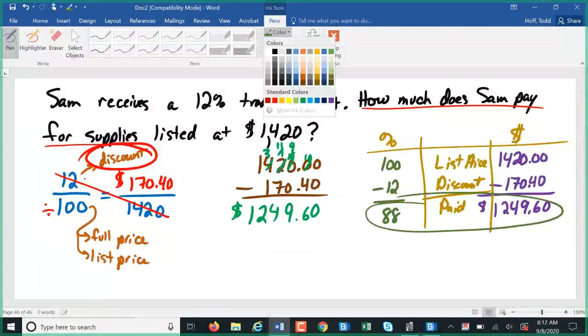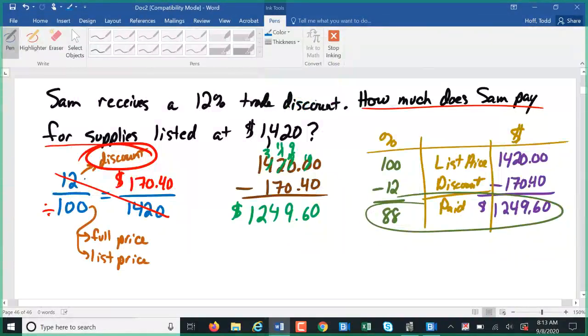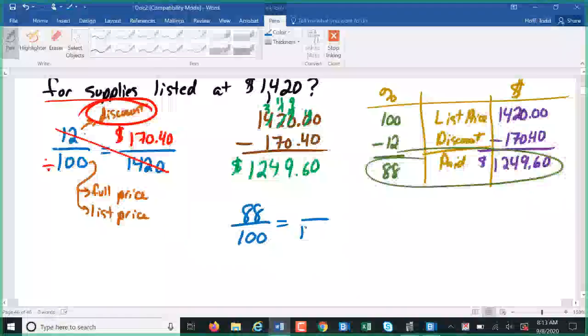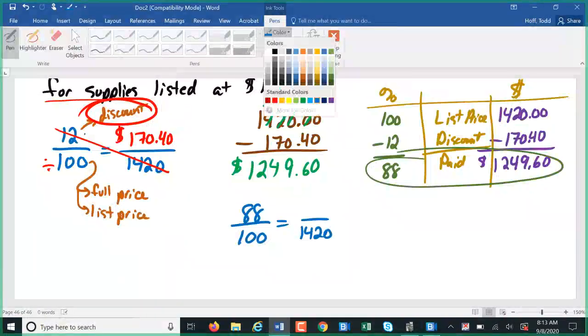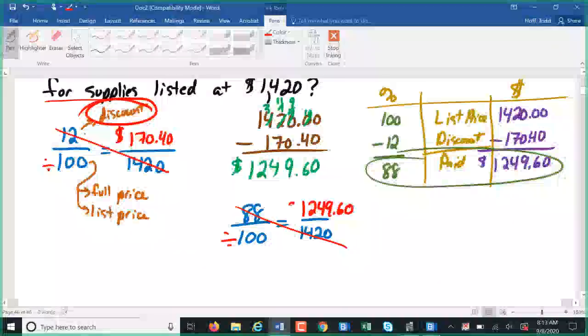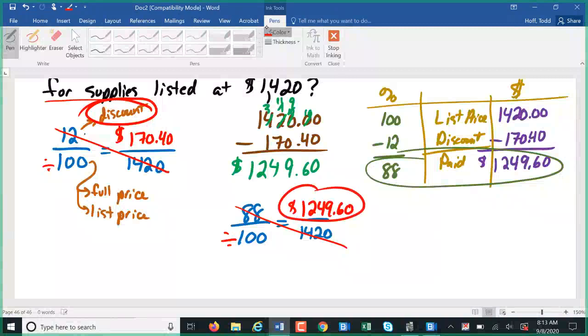We could have, rather than finding the 12% and subtracting it, we could have found 88%. If I had just set this up as 88 out of 100 equals blank over 1420, when we cross multiply and divide there, 88 times 1420 divided by 100 is $1,249.60. So we could have got that all at once rather than having to calculate the discount and subtract.